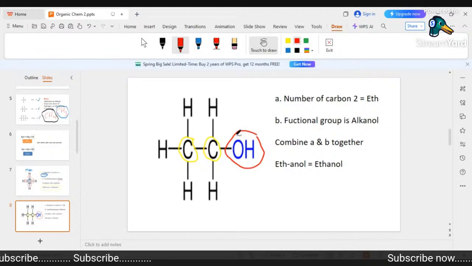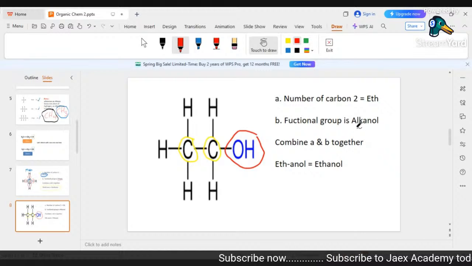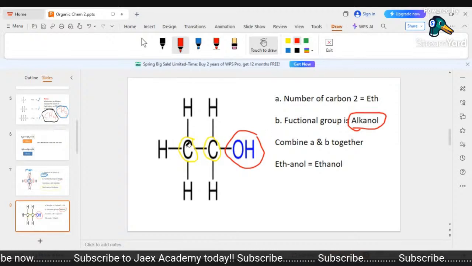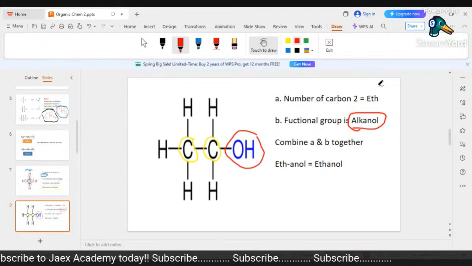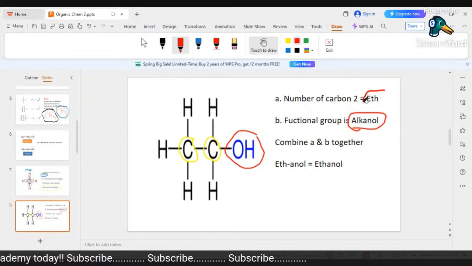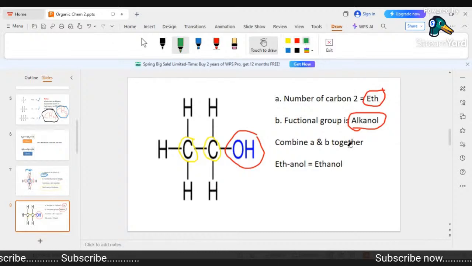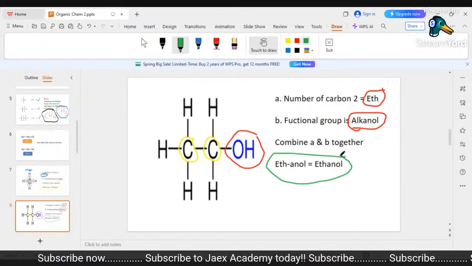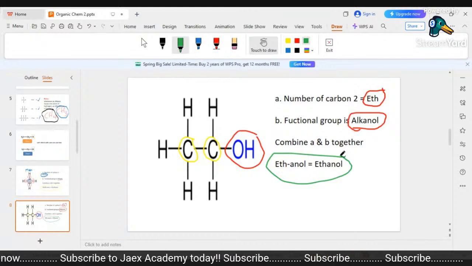Since the functional group is OH, therefore, it is alkanol. Now, what is 2? 2 is eth, according to the table, right? So let's combine A and B together. If we combine A and B together, it's going to give us ethanol. When you concatenate it, it is ethanol. Are we together?